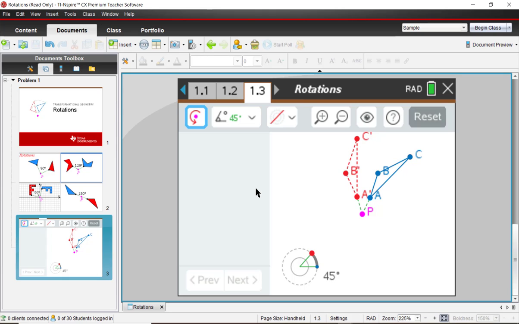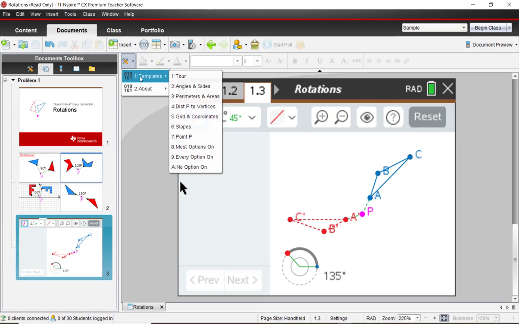Going back to TI-Nspire, notice what has happened here. We have moved triangle ABC, rotated about 45 degrees. So let's click on the rotate icon and rotate another 45 degrees and another 45 degrees for a total of 135 degrees. Let's do this again, only this time I'm going to go over to Tools, click on Templates, and do the first template, Tour.